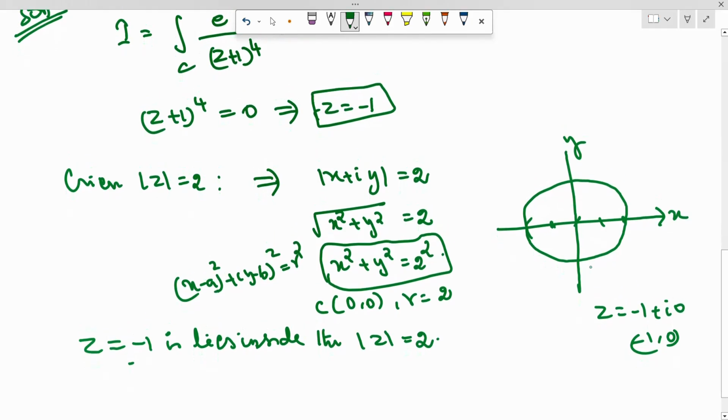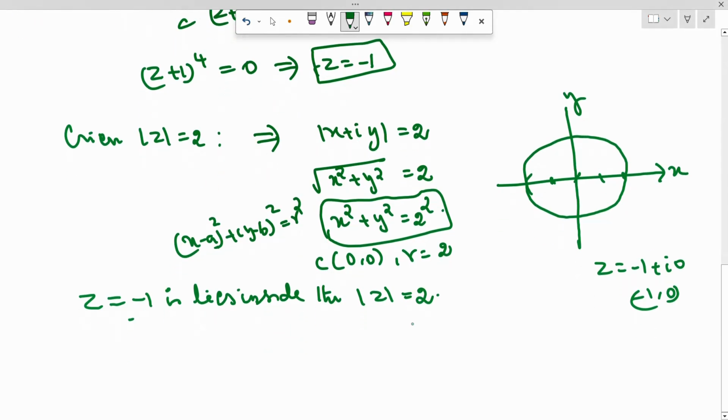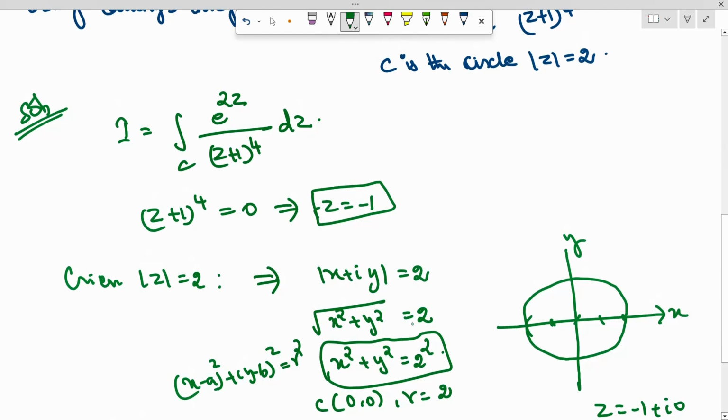In case it lies outside the given curve, using Cauchy integral theorem, we can write directly integral over c f of z dz equal to 0. But in this problem, the singular point lies inside the given curve. In this case, we can use the Cauchy integral formula. If you want to use it, look at the power value here.